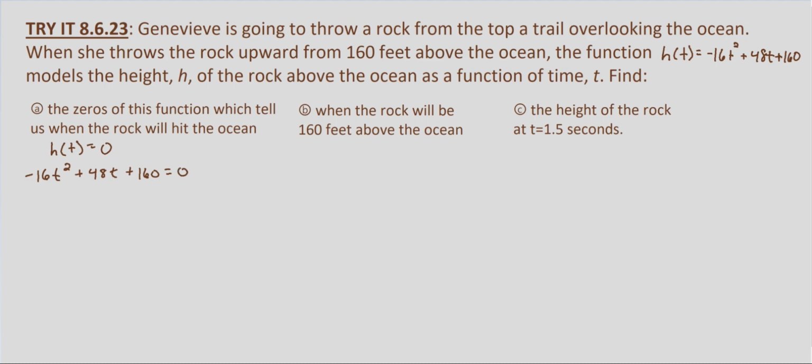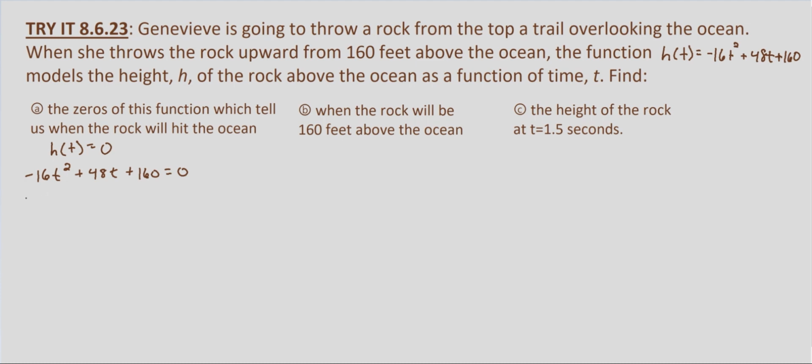Now, what we should notice right off the bat, number one, we have a negative leading coefficient, so we're going to want to factor out that negative. But then we also have a common factor, our greatest common factor of 16, 48, and 160 is just 16.